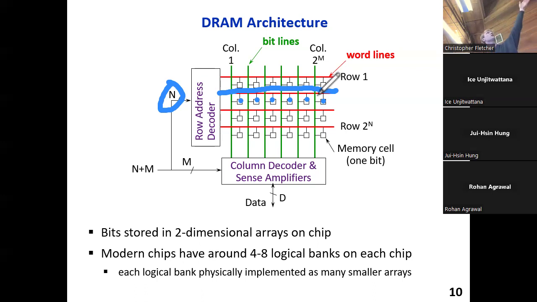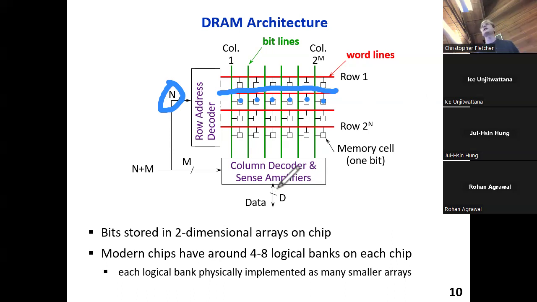So you have this array here, and perhaps the first refresh happens to the first row, maybe 7 microseconds later, another refresh will happen, and it will arrive at the second row, and then the third row, and then the fourth row, and then just wrap around like that. And the refresh is scheduled such that the time in between any two refreshes to the same row cannot exceed what the manufacturer has figured out is the charge decay time for the capacitors in the array.